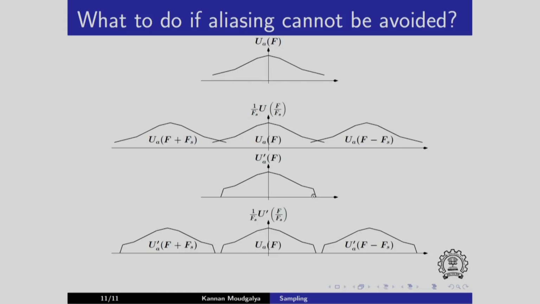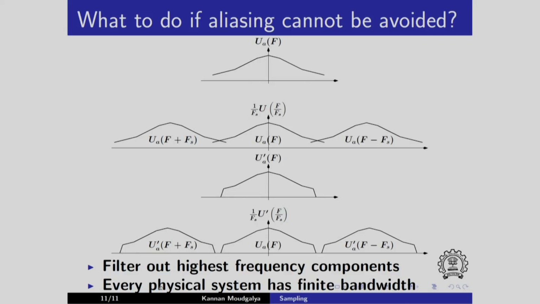So one should get that idea from the domain knowledge. Somebody who is familiar with a particular domain will be able to say the maximum frequency that they will encounter in that domain. Using that you can say that it should actually end here, everything beyond that is noise. So you filter this first and then go through the process that we described in the previous slide and you will get this. So filter out the highest frequency components. Every physical system has finite bandwidth.